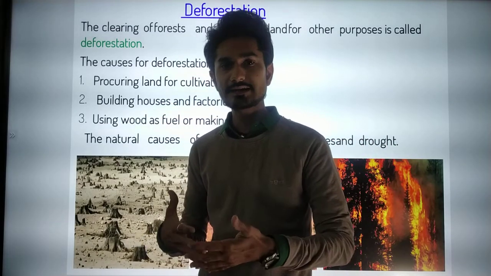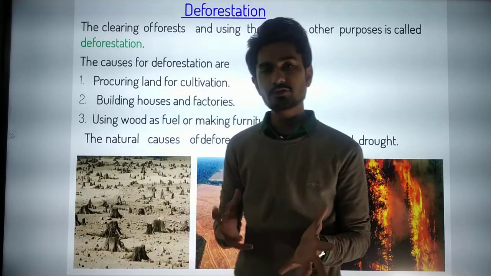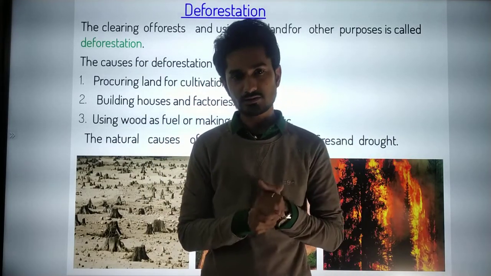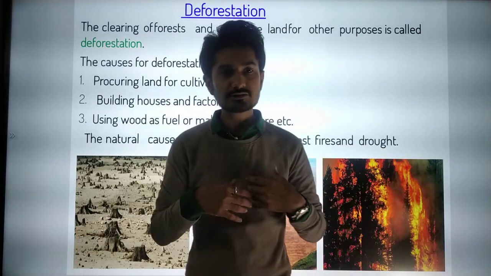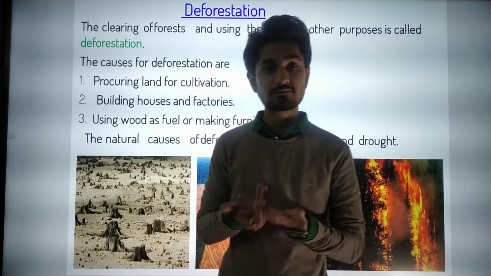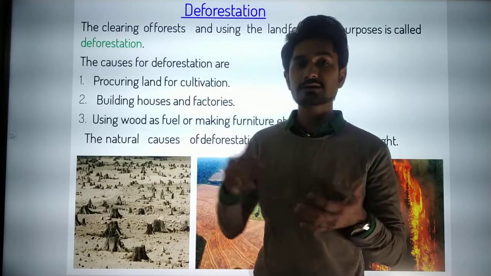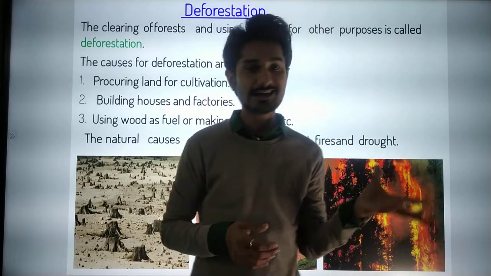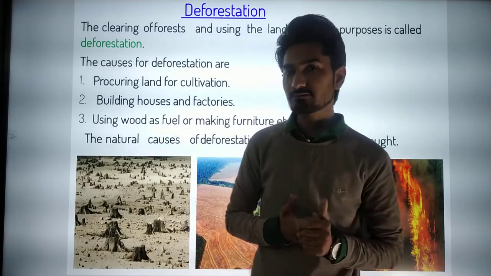From that they can produce heat, or produce an extra amount of energy, or it can be easily combusted. So we are using wood as a fuel for cooking food or burning something, and for getting coal or ashes. That's why we are using wood as a fuel.